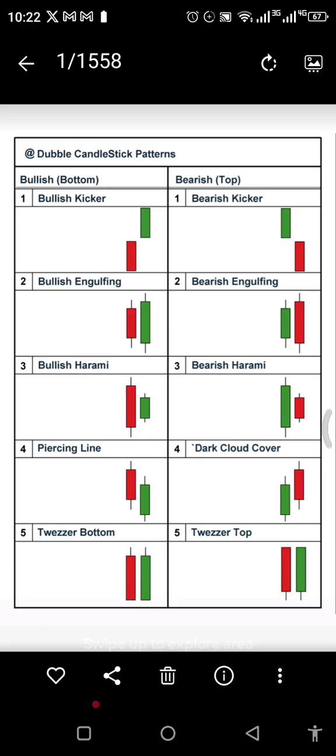So the buyers now overpowered the sellers, and what it means is that there's a very high tendency that the market was going to reverse to become bullish. So that's the bullish engulfing.